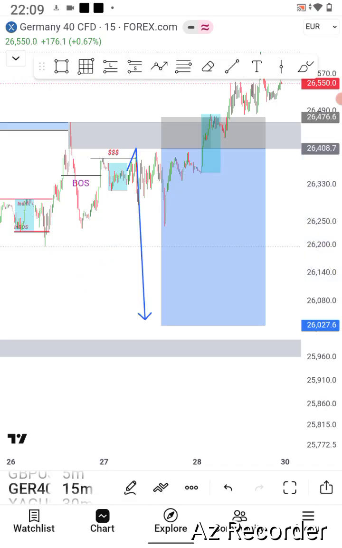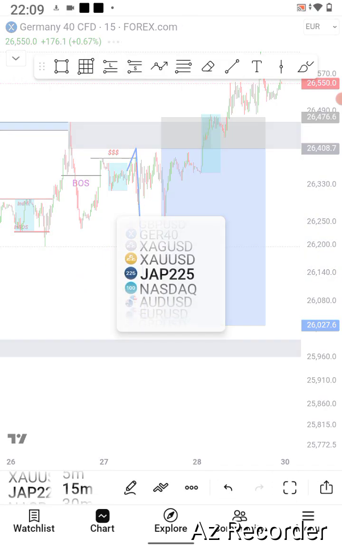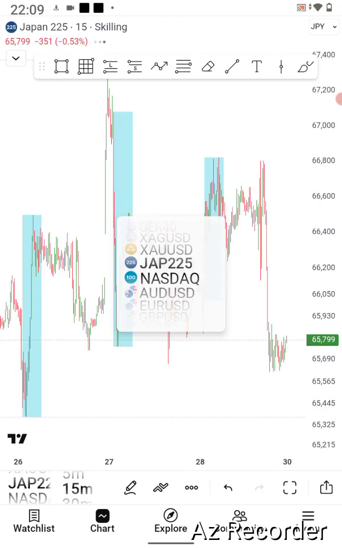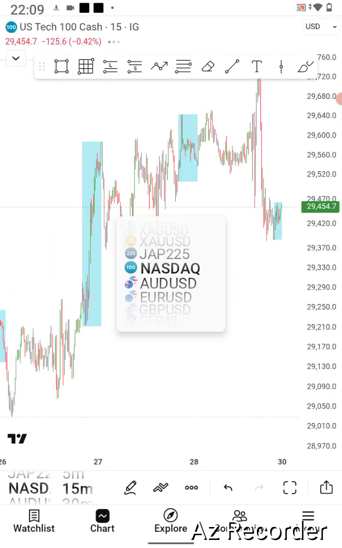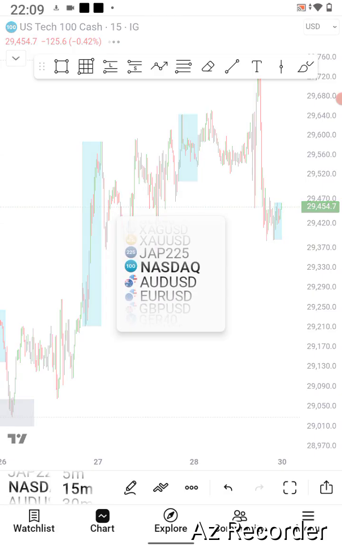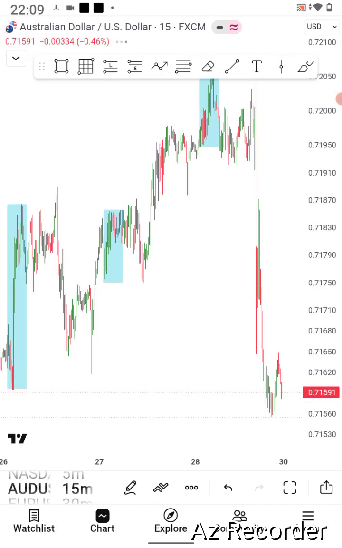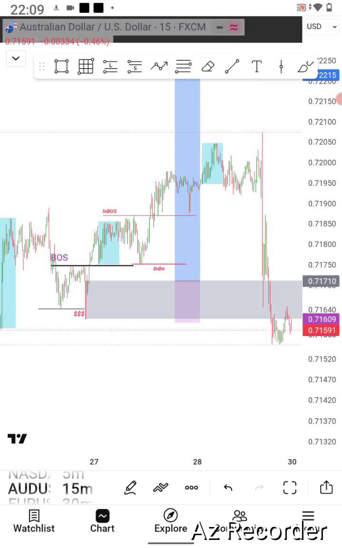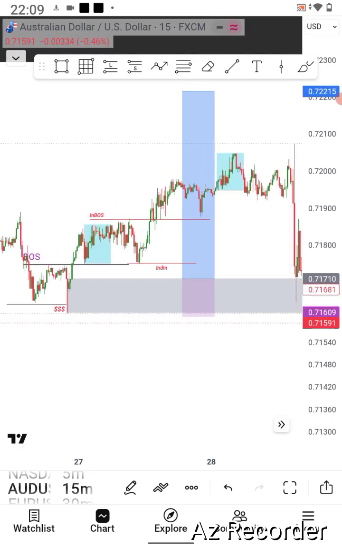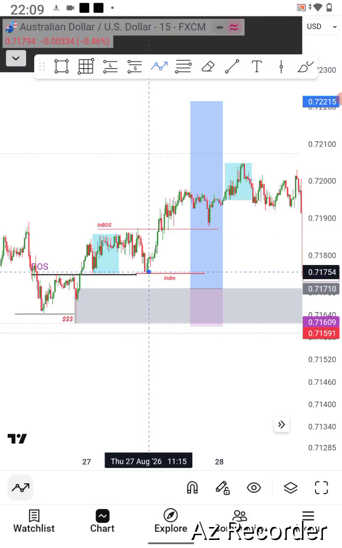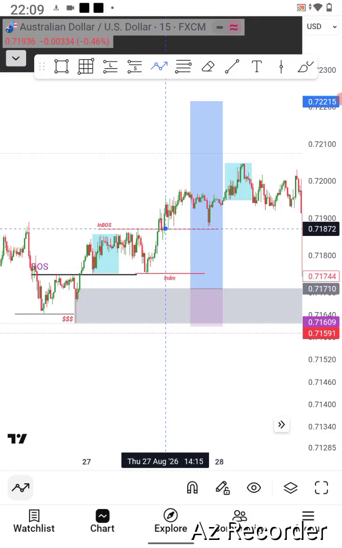I also wanted to trade on 40. I think I wanted to take a trade on, what pair was it? AUDUSD yesterday. Yes, AUDUSD. I wanted to trade AUDUSD yesterday, but price never came to it. Are you seeing it now? As of when I made that video yesterday, I think price was around here.